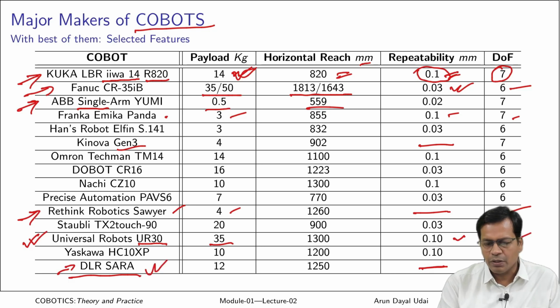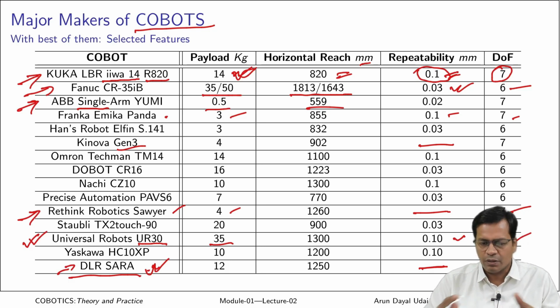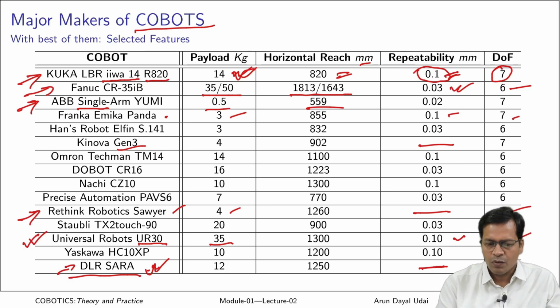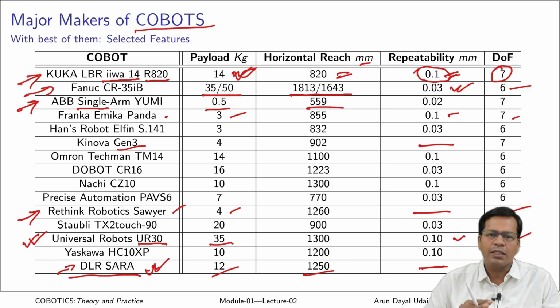DLR SARA is one of the most advanced, reported for touch sensitive robot tasks, reported in 24 only. It has a very good payload capacity with a good reach. It doesn't mention its repeatability, but it is a 7 DOF robot. So these are a few popular industrial cobot makers. There are many others.